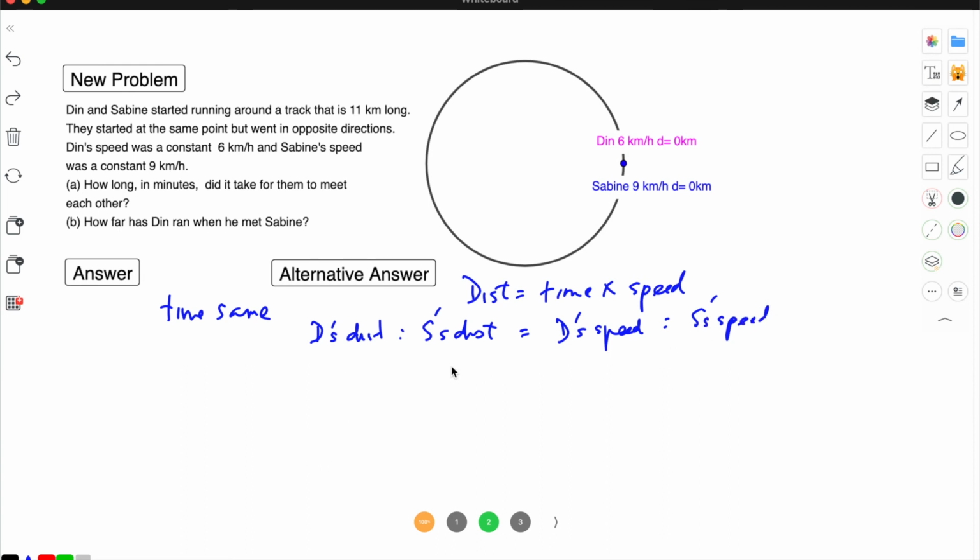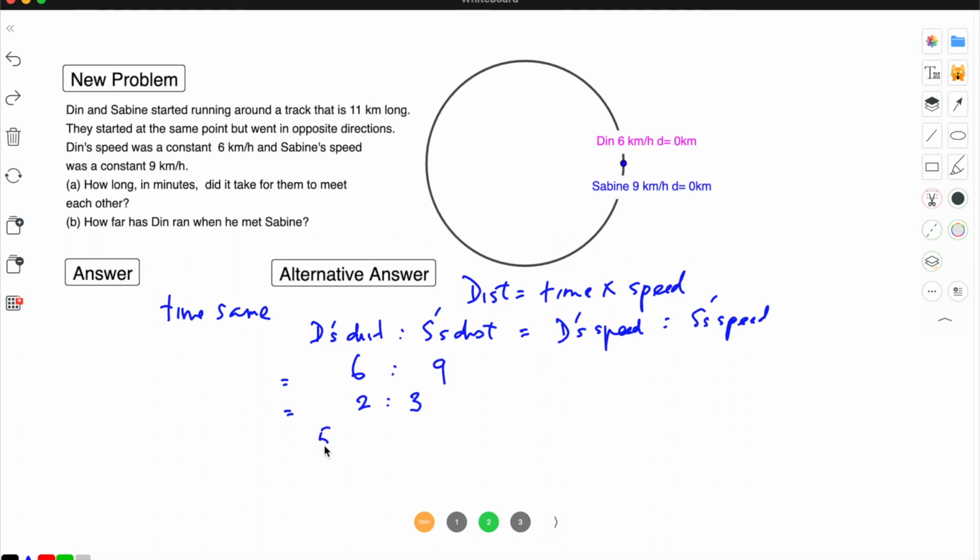So this will be equal to 6:9. Right, so we can simplify this. We divide by 3. We're going to get 2:3. So the ratio of the distance traveled by Dean and Sabine is actually 2:3.